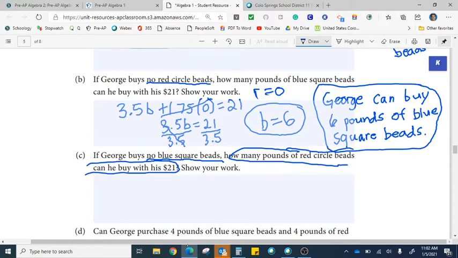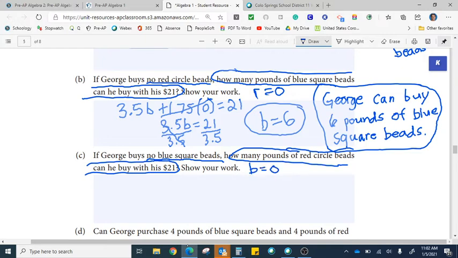Show your work, right? So I circle the question.